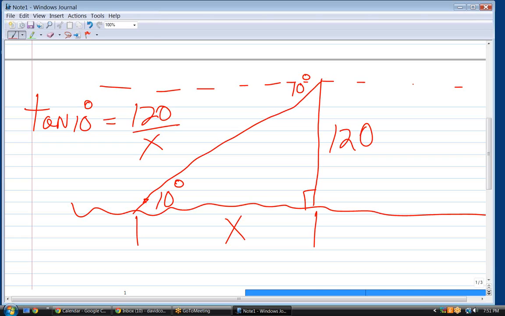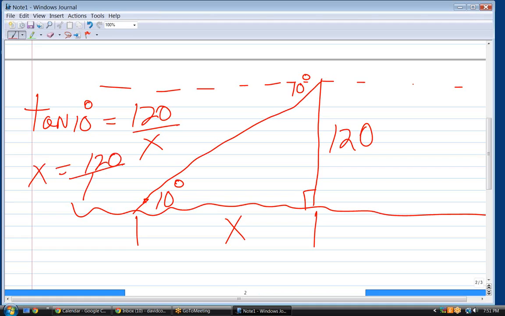I wouldn't want to use the sine function because then the sine of 10 degrees is 120 over the hypotenuse, and I'm not trying to solve for the hypotenuse. So you've got to be able to pick the trig function. Now this makes x equal to 120 divided by the tan of 10 degrees. So there's your answer, whatever the tan of 10 degrees is.